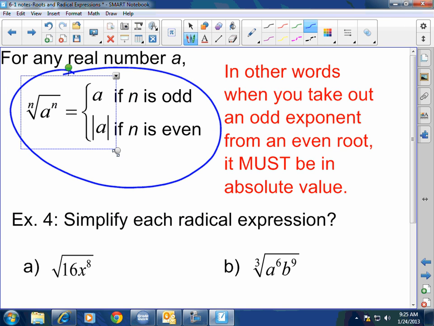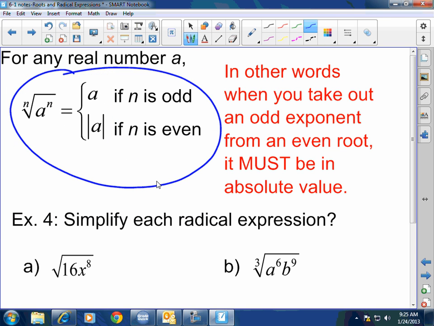I'll fix it manually right now. This guy here should be an mth root. Okay? So basically what's happening is, in other words, when you take out an odd exponent from an even root, it must be an absolute value. When I take out an odd exponent from an even root, it must be an absolute value.